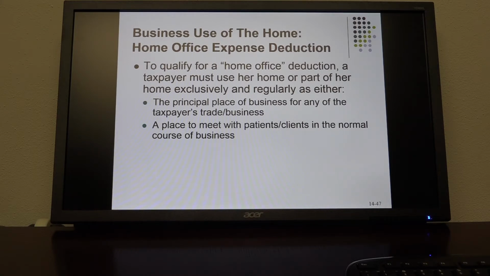And so you have to use the home or part of the home exclusively and regularly as either the principal place of business or a place to meet with patients or clients in the normal course of business. Well, what is this meant for, mainly? Well, this whole legislation came out of a case called the Solomon case.